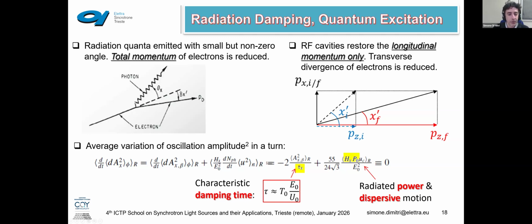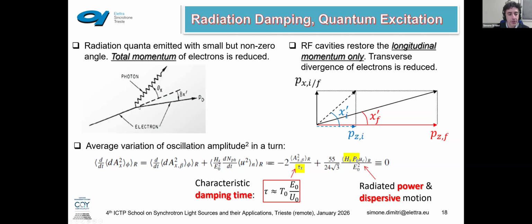In reality, these photons are distributed in space and therefore in angle, in the horizontal and in the vertical plane. And by conservation of momenta, there is a back scattering, if you like, of the electron as the photon is emitted, also in the horizontal as well as in the vertical plane.